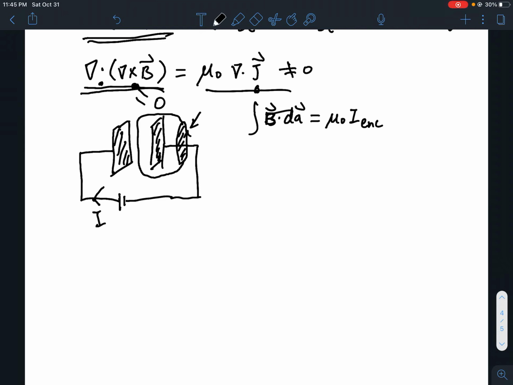So the actual enclosed current is 0. That causes some problems.